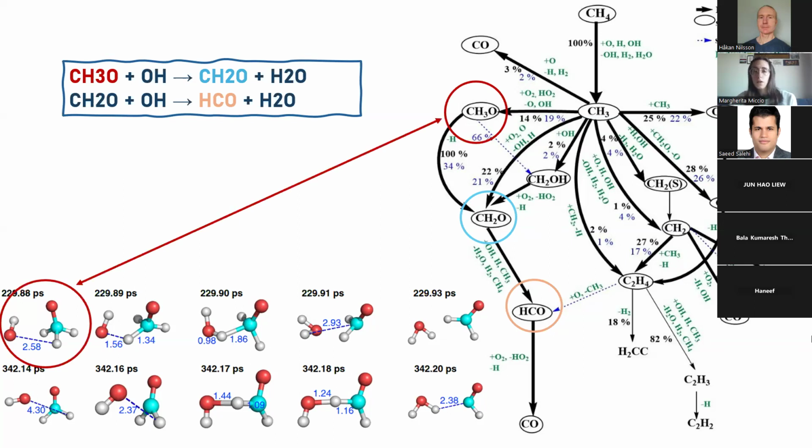Once it meets the OH, CH3O will lose a hydrogen, as shown by the label of the arrow. It will lose an H to form the CH2O. And once again, CH2O will interact with the OH to form another intermediate species, which is the HCO.